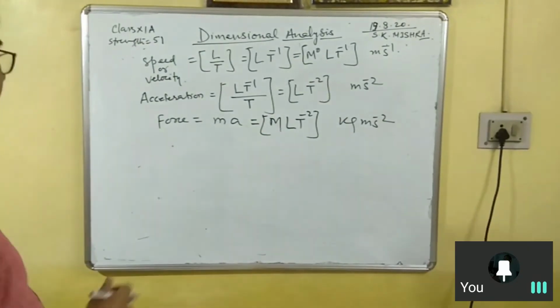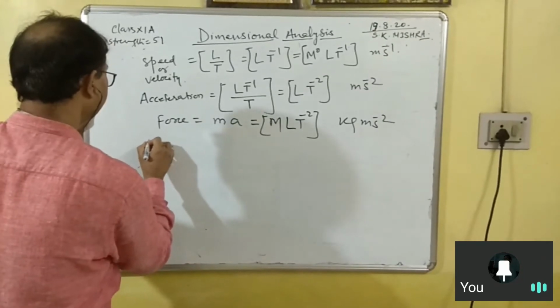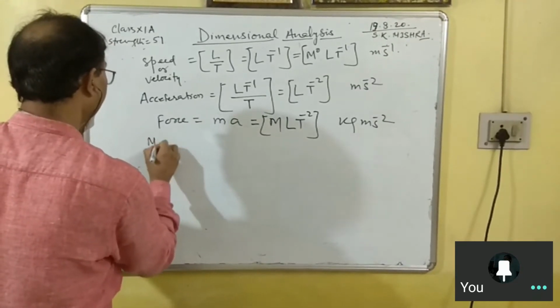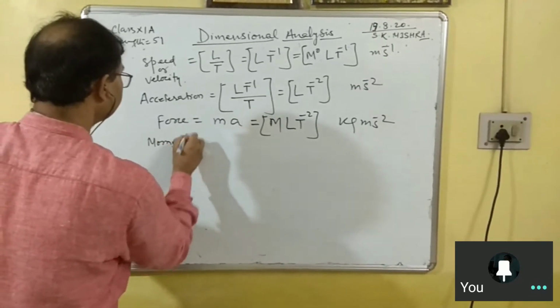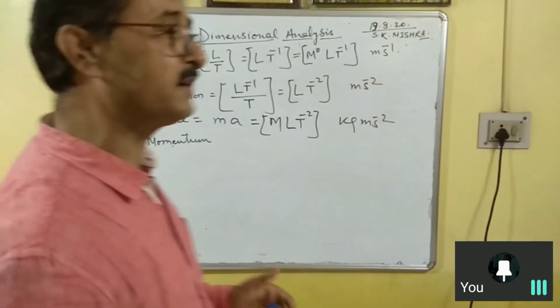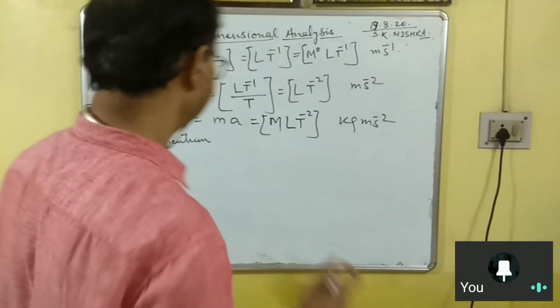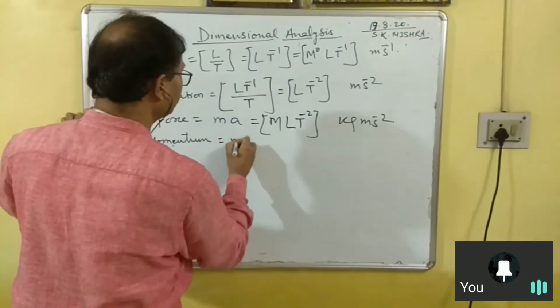SI unit. Okay. Now talking about force and then momentum. These are physical quantities which you have already studied from class 9-10 onwards. So what is momentum? Mass into velocity.